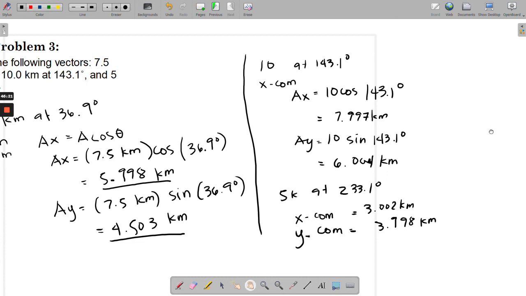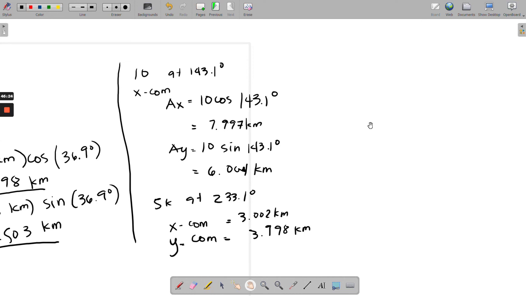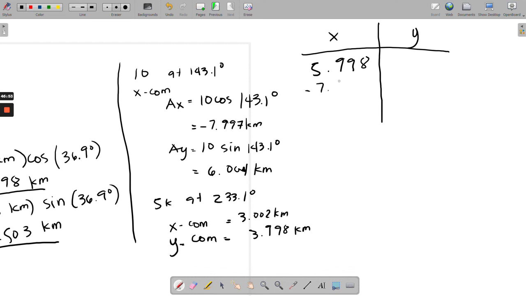So what you're going to do next, after getting all these numbers, is add all the x components and add all the y components. You can create a table with all your x's and all your y's. You have 5.998, and this is supposed to be negative, so negative 5.998. You have negative 7.997, and these are all negative as well, negative 3.002.